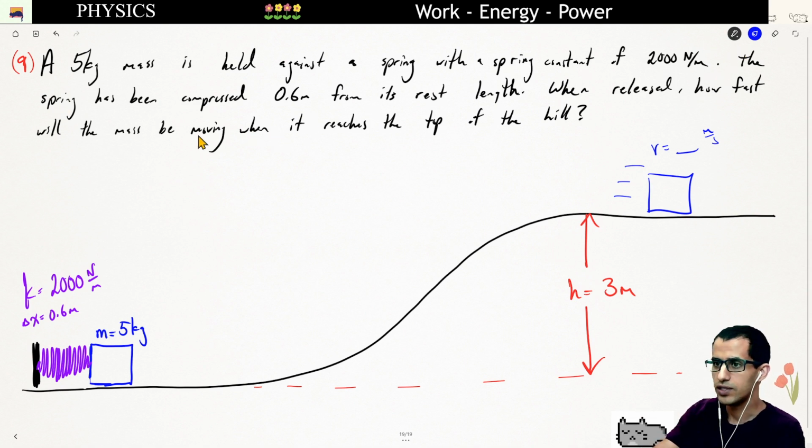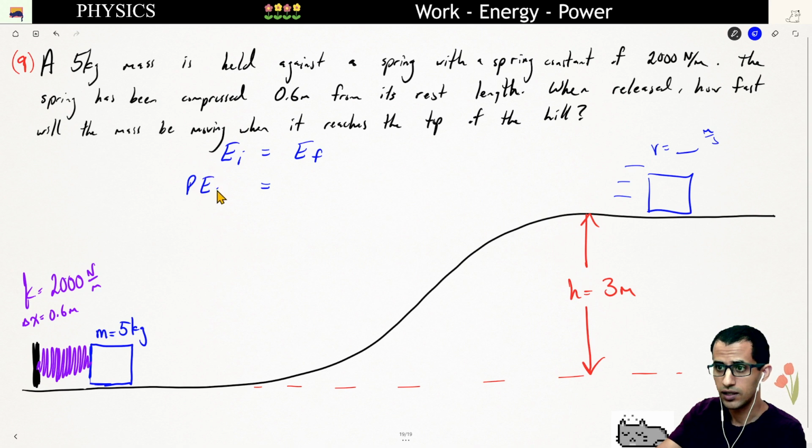So to solve this question, we have to use the conservation of energy again. Energy initial equals energy final. The types of energies that we start with are just elastic potential energy, and that's all. And then we end up with both gravitational potential and kinetic energies.